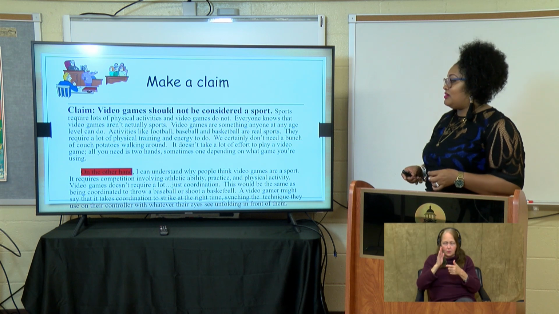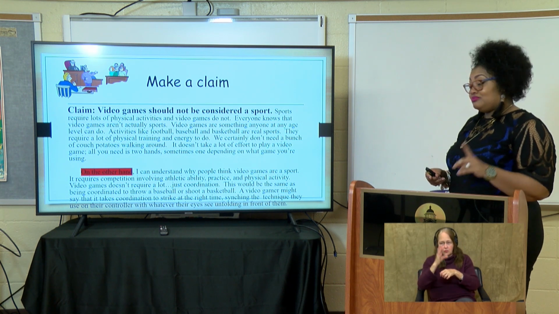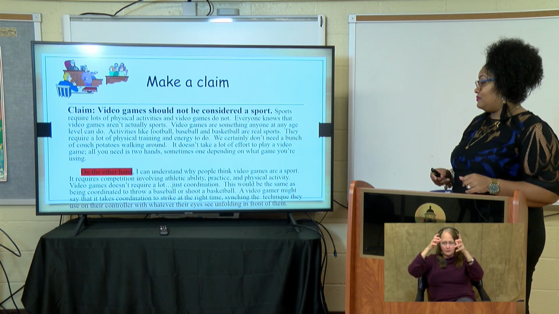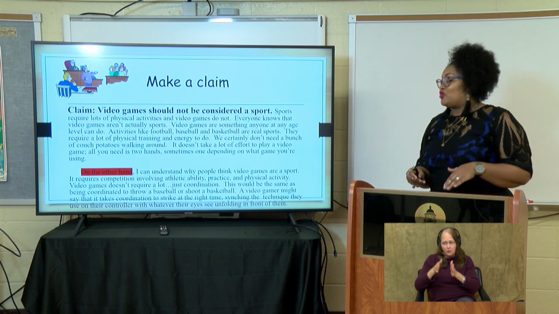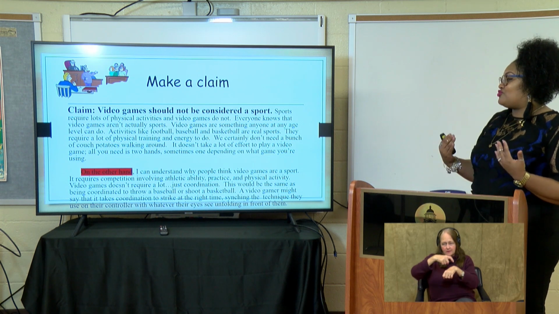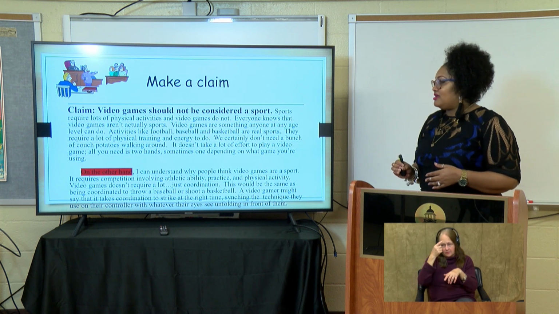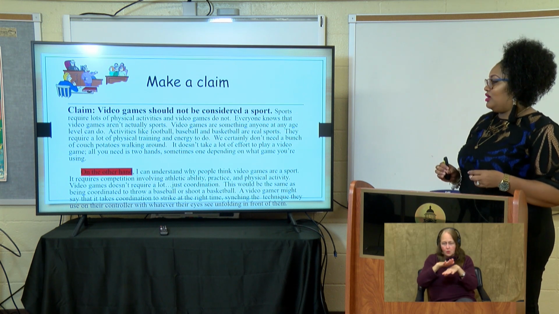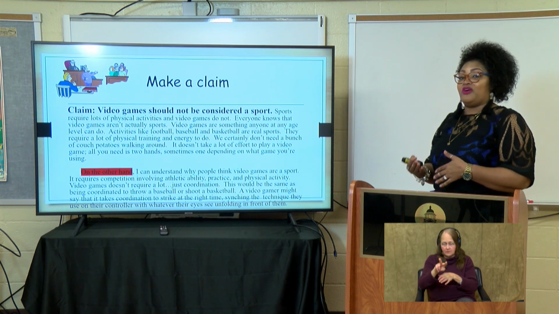This would be the same as being coordinated to throw a baseball or shoot a basketball. A video gamer might say that it takes coordination to strike at the right time, syncing the technique they use on their controller with whatever their eyes see unfolding in front of them.